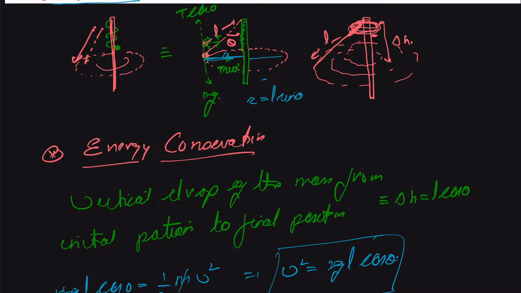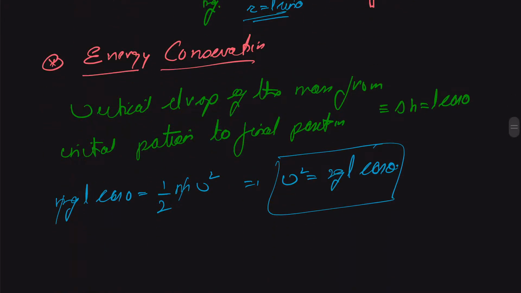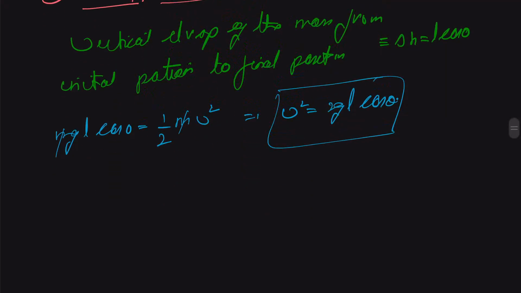Let me draw it on the other side. So this is our r, so r will be equal to L sin theta. So you can say we do a force balance for the conical pendulum.